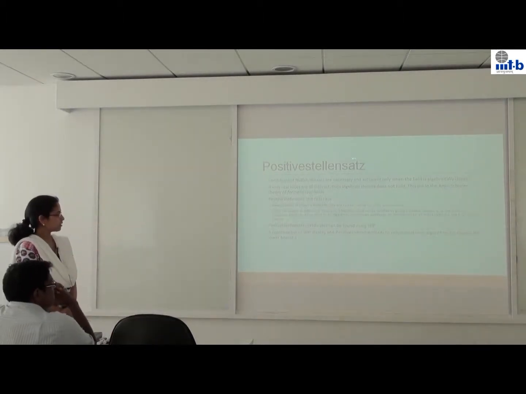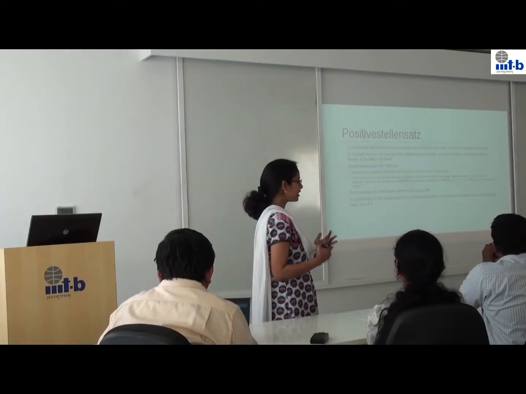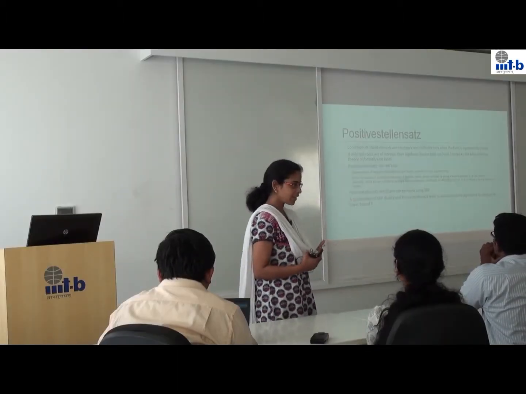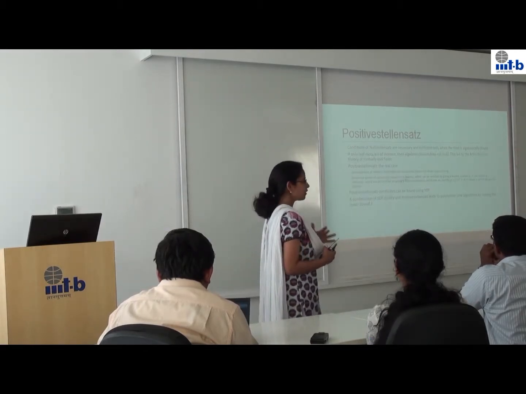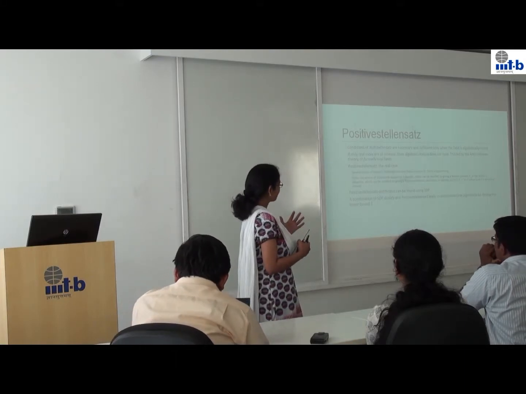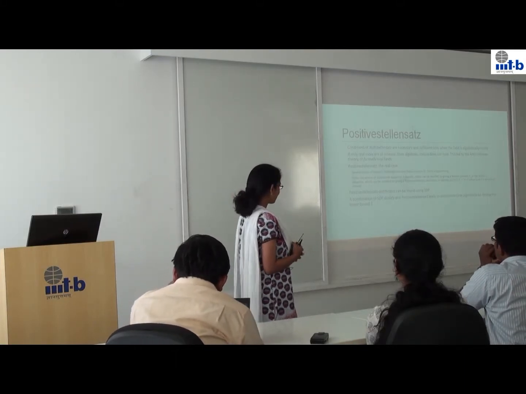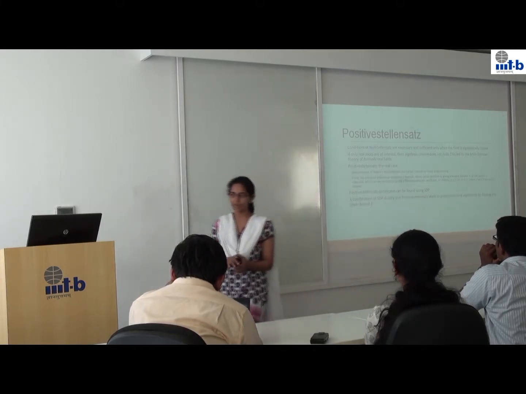So the Positivstellensatz certificates combined with semi-definite programming techniques give us relaxation techniques for solving polynomial minimization problems. This is the connection between optimization and algebraic geometry. And of course they gave us the lower bound lambda.